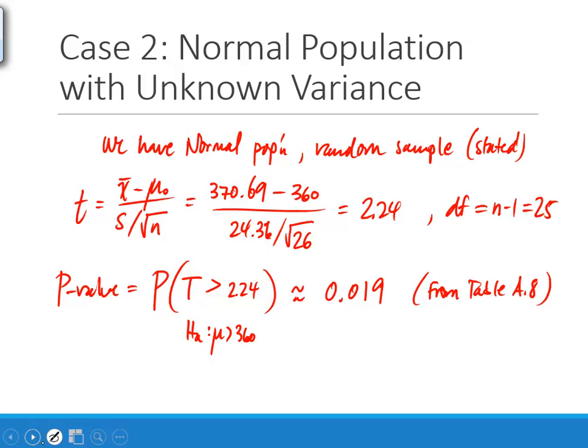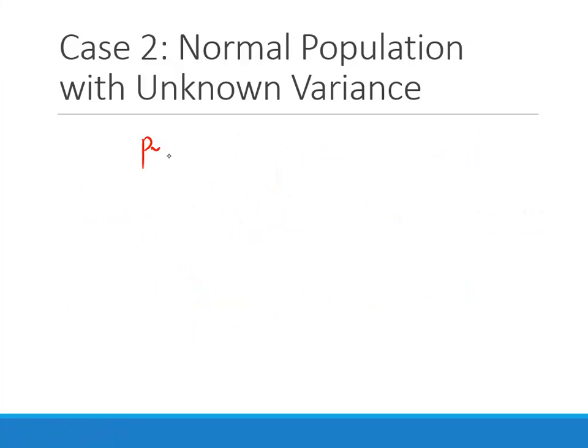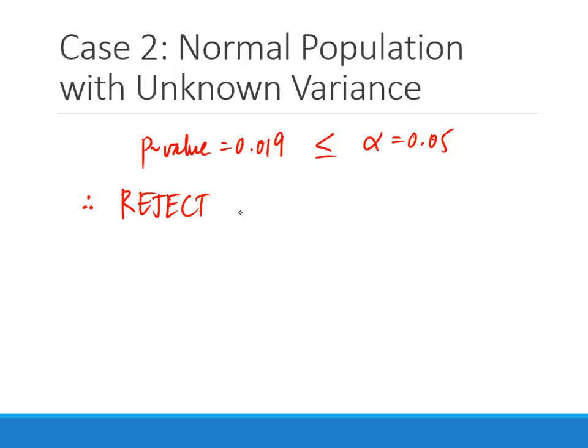Okay, and just to finish this off, our p-value here is 0.019. The alpha that we were told to use in this problem was 0.05. That was stated there. So our p-value is less than alpha. So therefore, what is our decision? Do we reject or fail to reject? We reject. Let's quickly write down what that means.